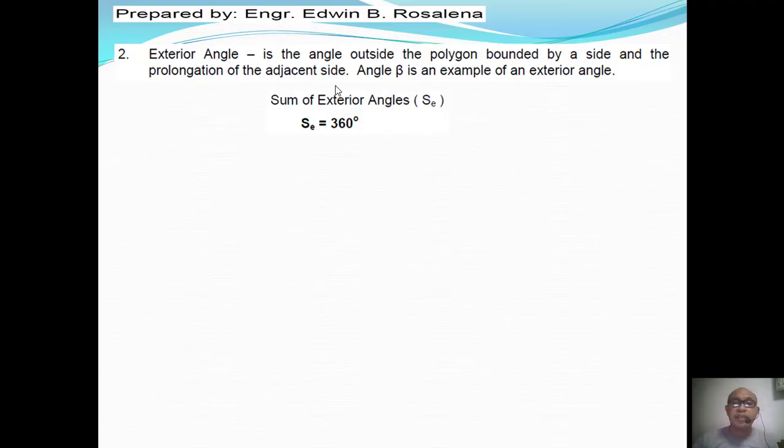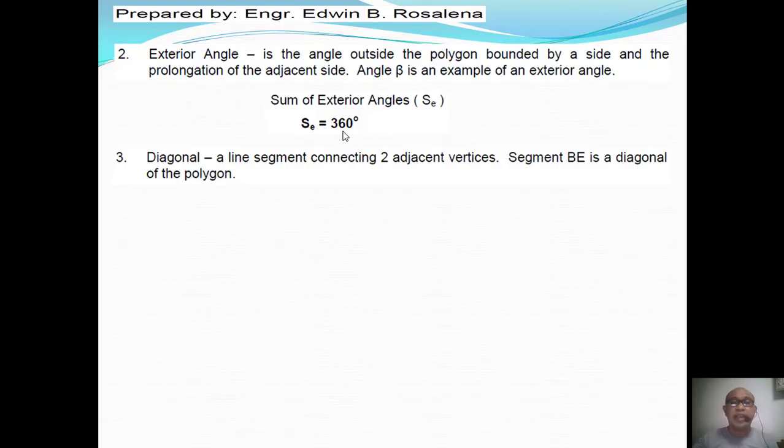The sum of the exterior angles is fixed at 360 degrees. There is no formula here because we have a fixed value for the sum of the exterior angles. That is equal to 360 degrees. Then, a diagonal, as we defined earlier, is a line segment connecting two non-adjacent vertices.